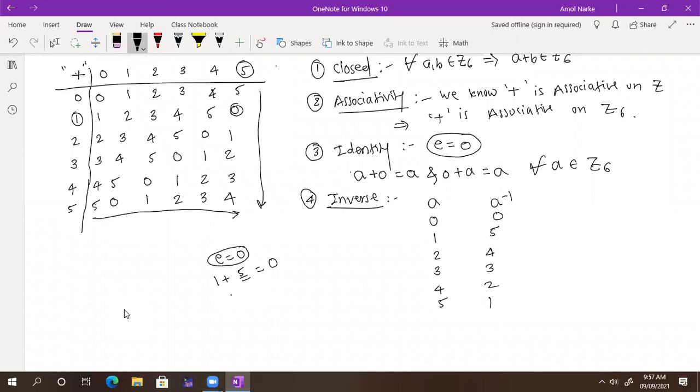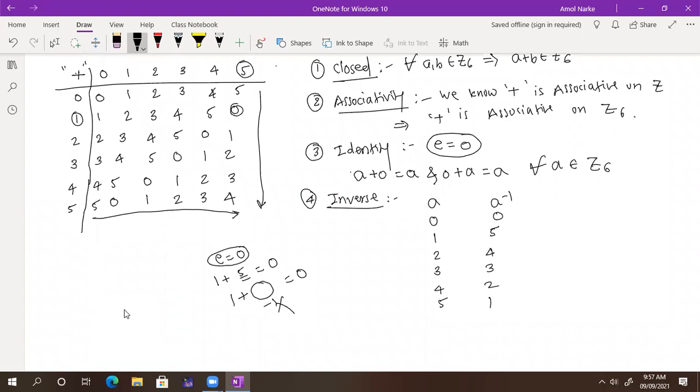So I need to find the inverse of 1. Which number should I add here so I will get 0? Someone is saying -1, but -1 does not belong here. So we cannot write -1. Forget about -1. Is there any other number? I add 0: 1 plus 0 is 1. I want 0. I add 1.